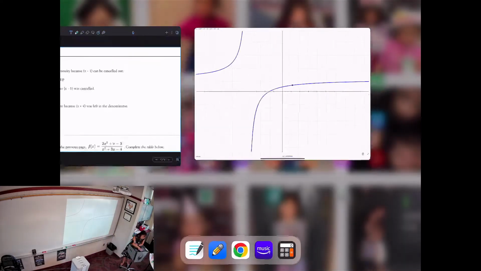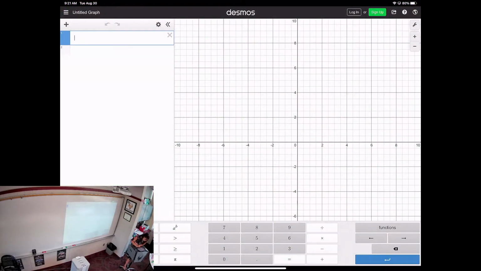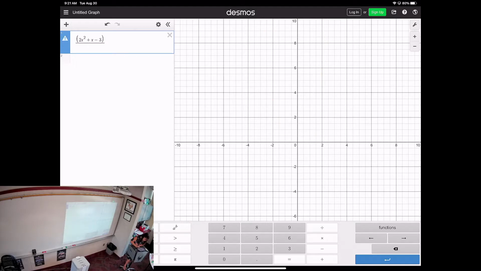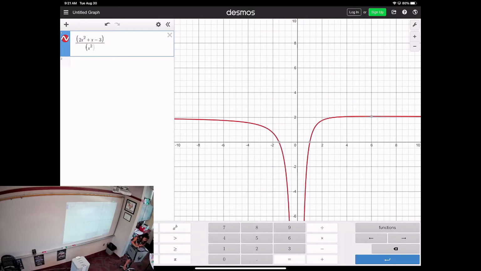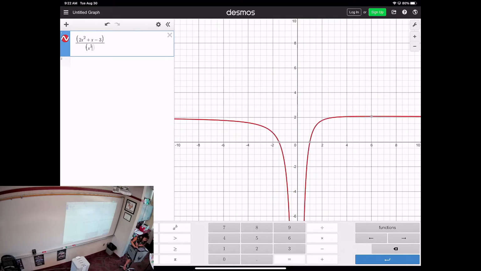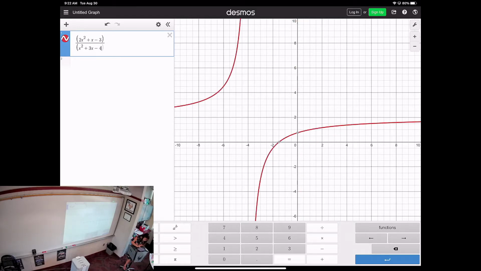Like if you look at Desmos, which I can pull up. Here, it doesn't actually show it.